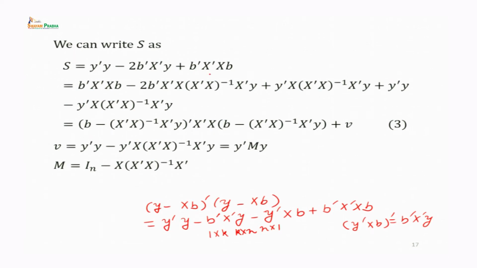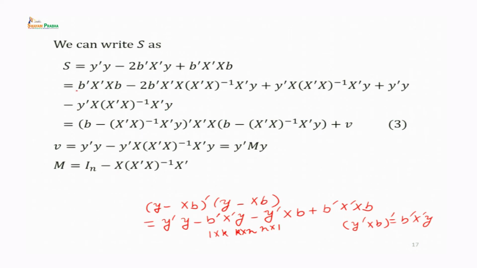Say, we write it as b transpose X transpose X b minus 2 times b transpose X transpose X, and again we have X transpose X inverse to compensate for this X transpose X. Then you have X transpose y here, plus we have added y transpose X, X transpose X inverse X transpose y, plus you have y transpose y, and since you have added this quantity, you subtract this quantity.